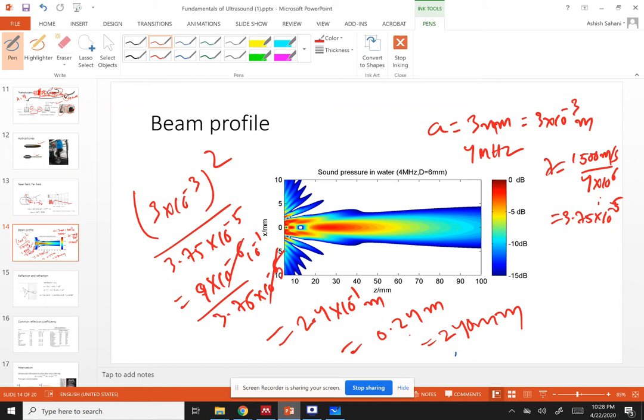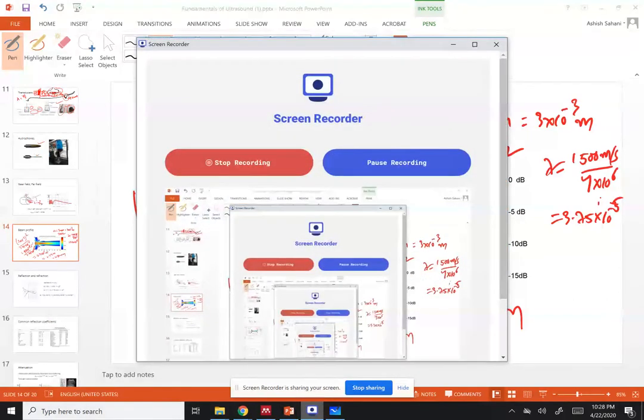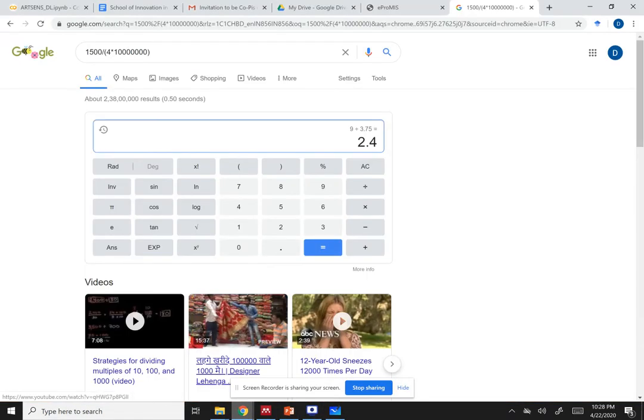We have a square, which is 9 into 10 to the power minus 6 meters squared, divided by 1500 meters per second over 4 into 10 to the power 6. So 1500 divided by 4 into 10 to the power 6 is 0.00015, so 1.5 into 10 to the power minus 4.